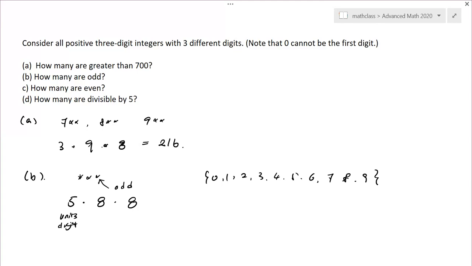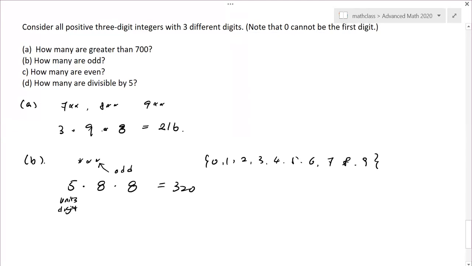You can choose any of them. It could be 0, right? So this is the answer: multiply them out, and it will be 320. Yeah, 320.